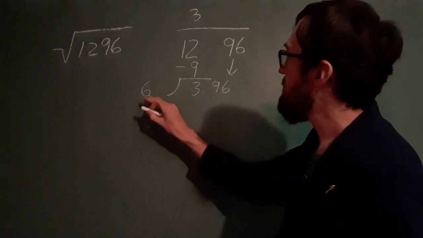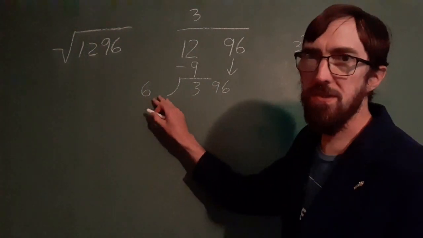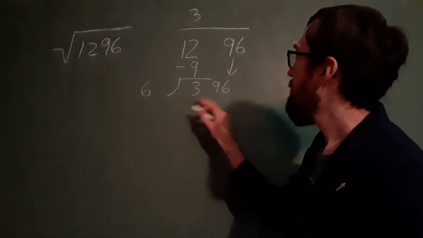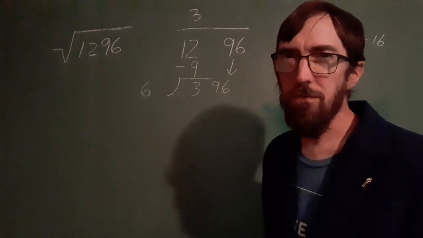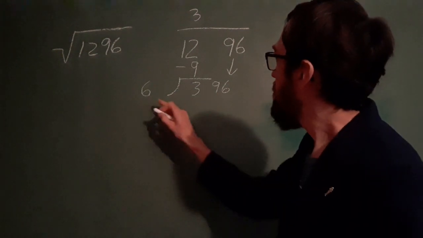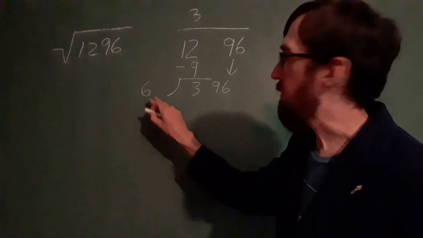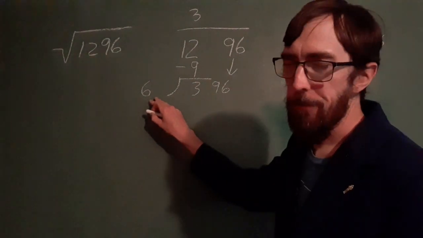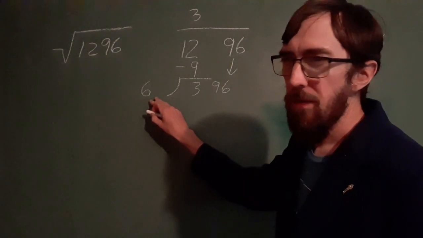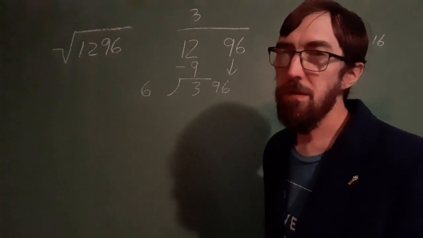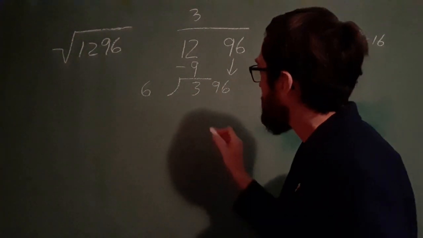So I want to look at some number starting with 6 in tens place that divides into 396, like the idea of long division. So this is going to be a 2-digit number eventually, and we have to find what number we're going to fill in here. It seems a little convoluted, but it will end up working.